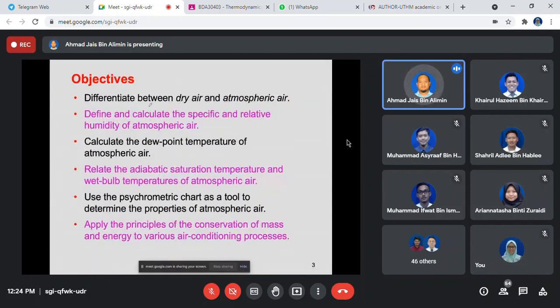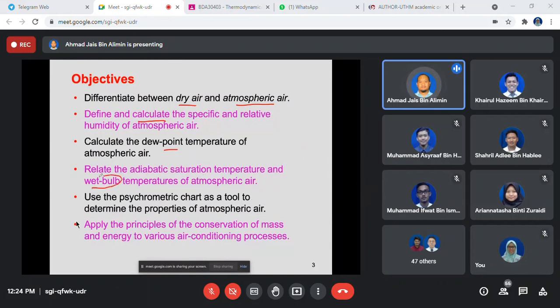First objective is to differentiate between dry air and atmospheric air, and then by differentiating, we also talk about how you can define the specific and relative humidity of the atmospheric air. And as usual, we need to calculate, and also learn how to calculate, the dew point temperature of the atmospheric air. Okay, the relation between the adiabatic saturation temperature and wet bulb temperature.